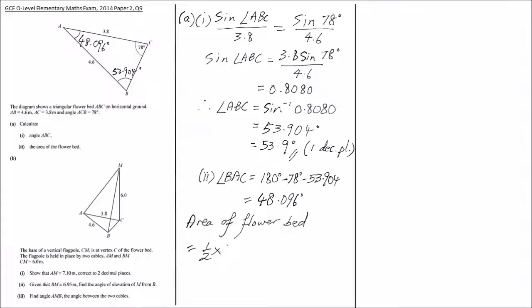It's half multiplied by the two sides, 3.8 and 4.6, sine the angle between them. Working this out should give us the value 6.50 meter square to 3 significant figures.